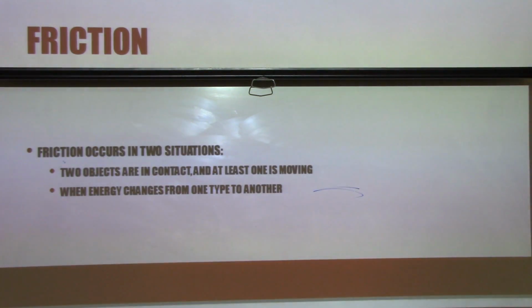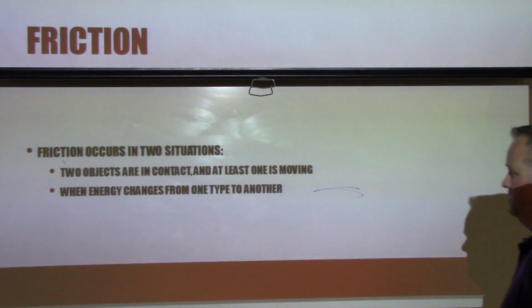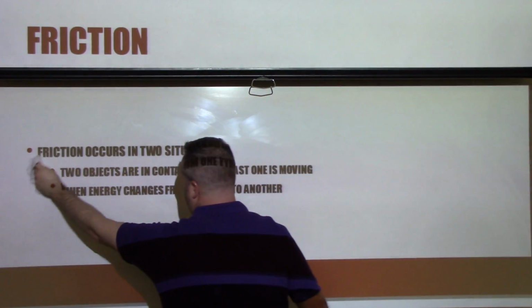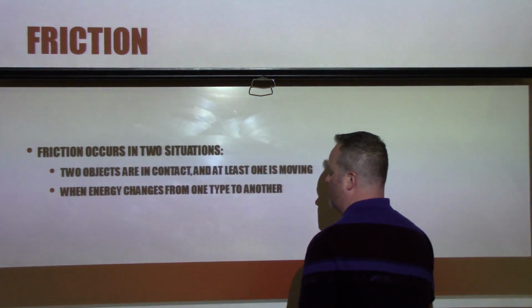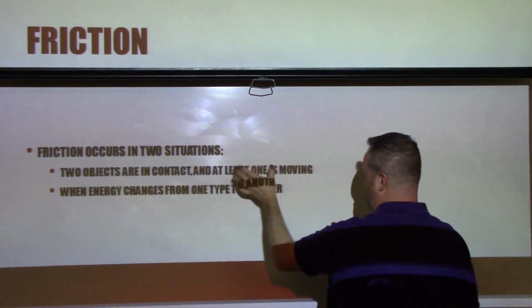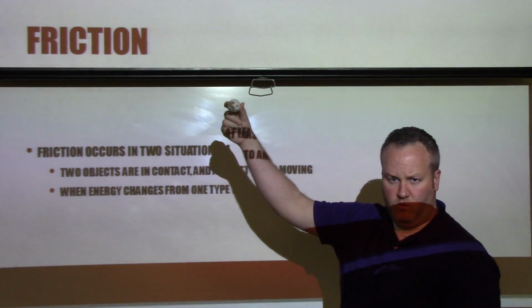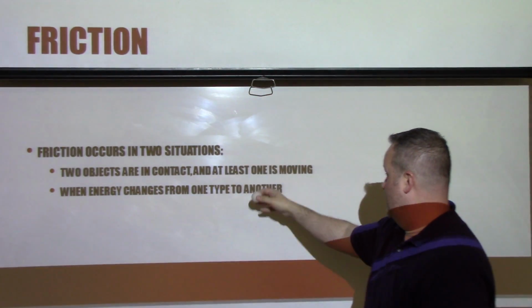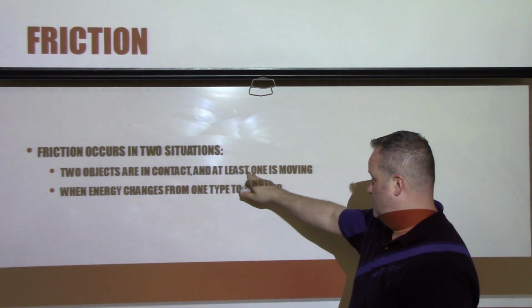Looking at friction again, we just mentioned this, but there are two situations in which we're going to have friction. First of all, you're going to have friction when there are two objects in contact and at least one is moving. So if the ball were falling, the air will be touching it. Air particles are objects, and the ball is moving, so that would generate friction.